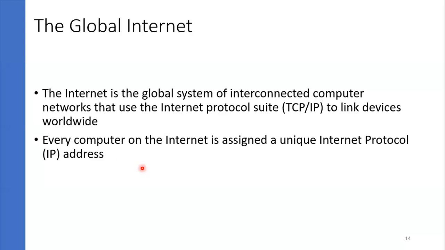If someone needs to communicate or send a letter to you, they have to use your address. Your home address is not duplicated. No one here has the same address. In the same way, computers use a unique Internet Protocol, IP address.